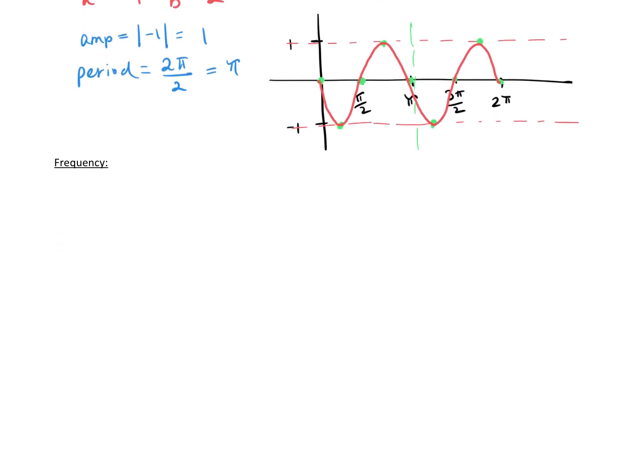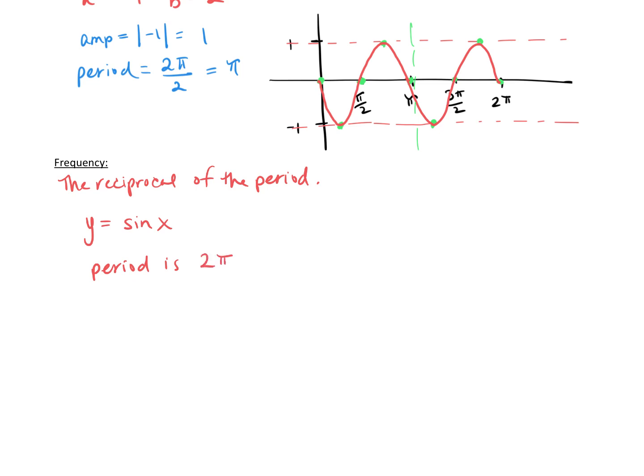Okay, now we have the frequency. So frequency, I'm just going to write this one in, is the reciprocal of the period. So if we have the function y equals sine of x, that's your basic parent function for the sine function. This one has a period of 2 pi.